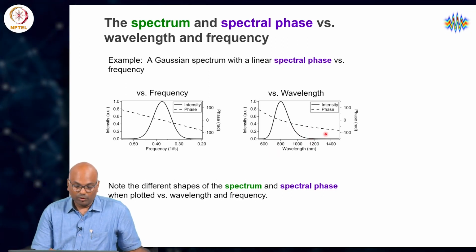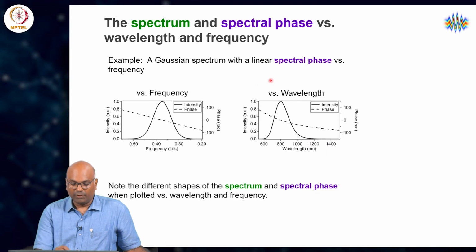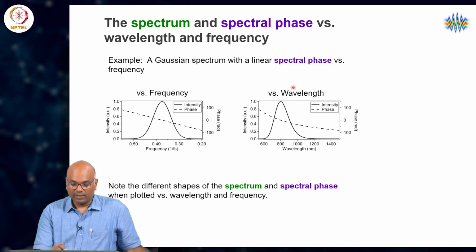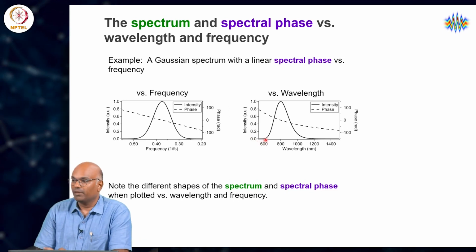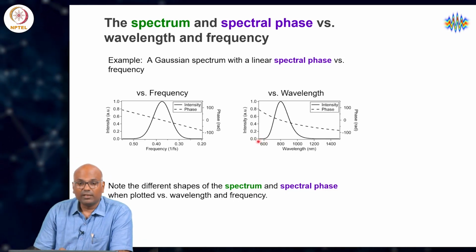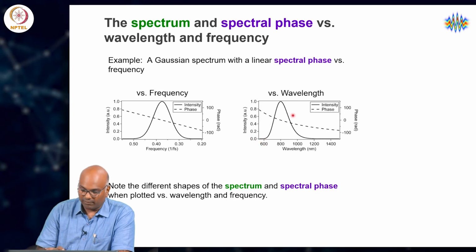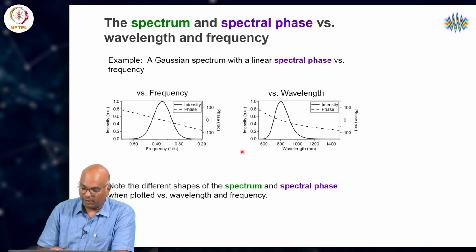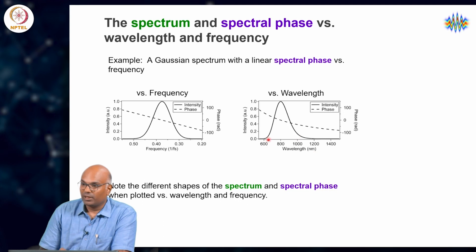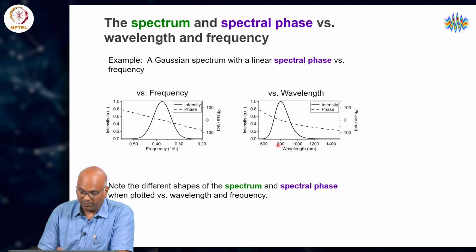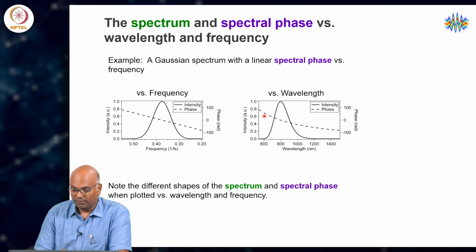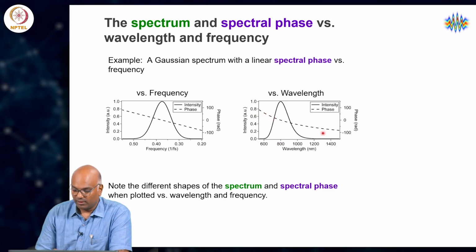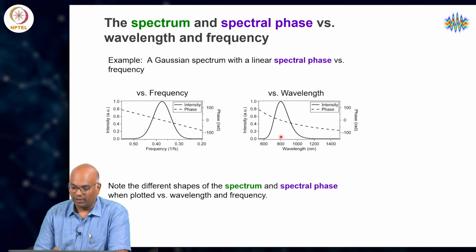So to figure out the rest, although we may measure a pulse in its entirety, recall that we emphasize the fact that a complete description of a pulse is not merely its envelope, plotted against a spectral variable, which is either frequency, wavelength, or wave number, we also ought to plot or have the knowledge of the spectral phase as a function of the same frequency variable.